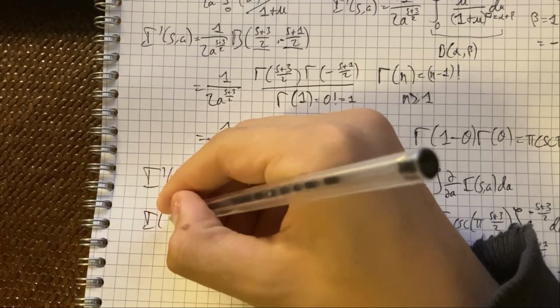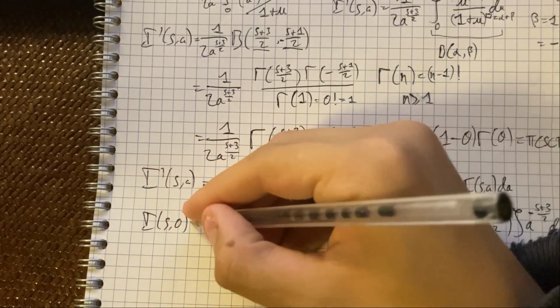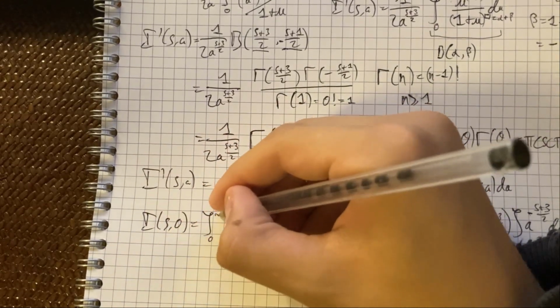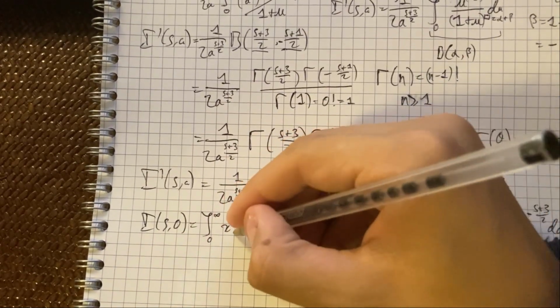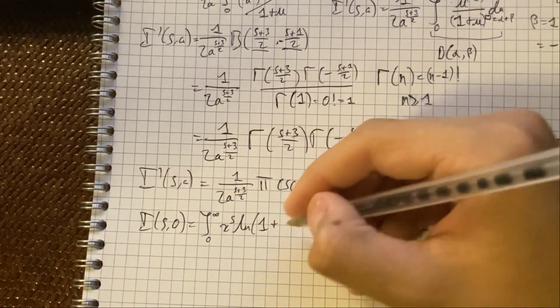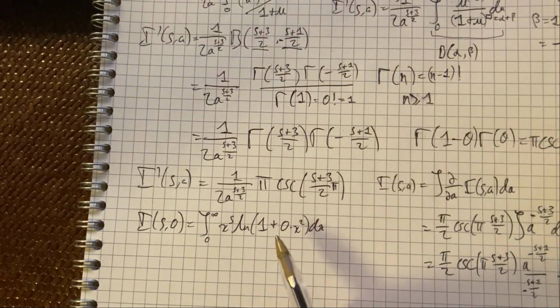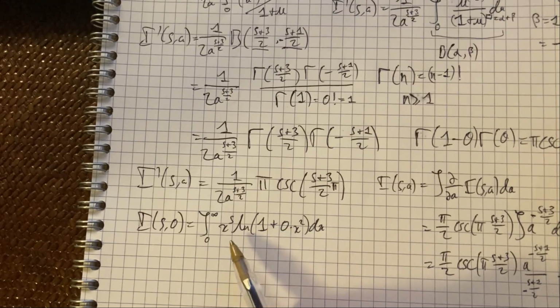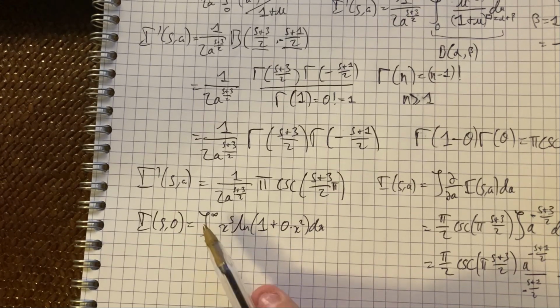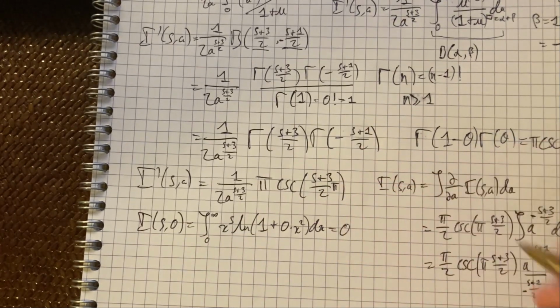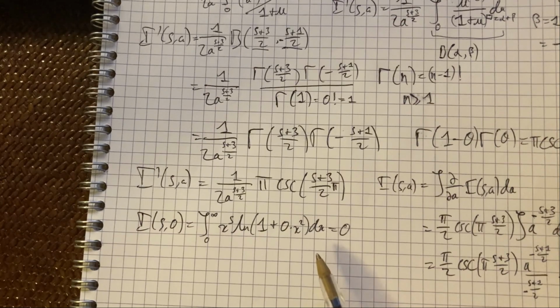So I of s0 equals the integral from 0 to infinity of x to the s power log of 1 plus 0 times x squared dx. And this is just log 1, which is 0, so we're integrating 0 on the segment 0 to infinity, which is 0.